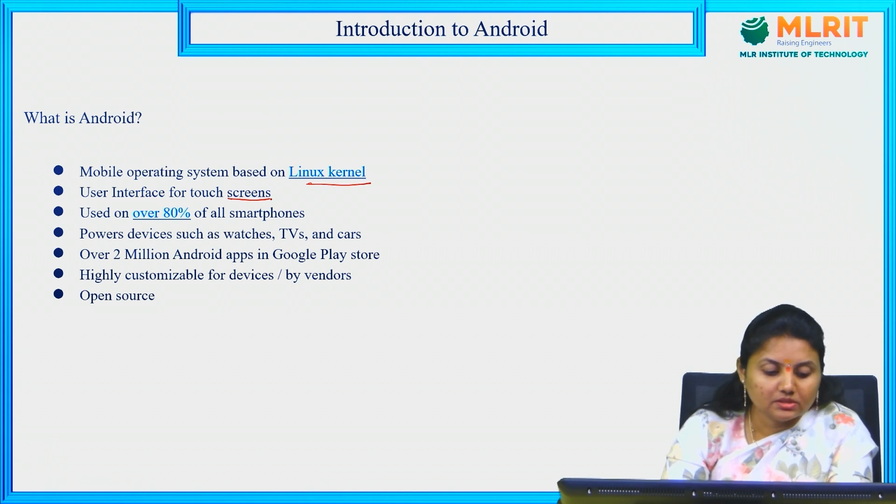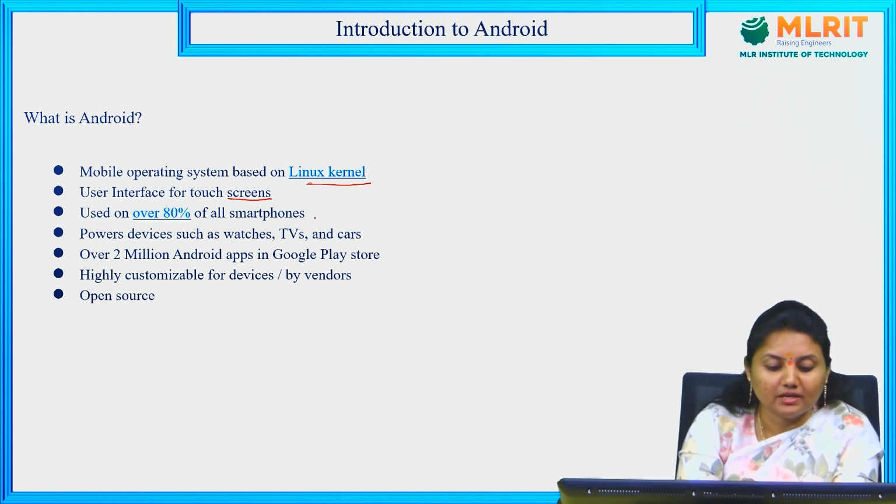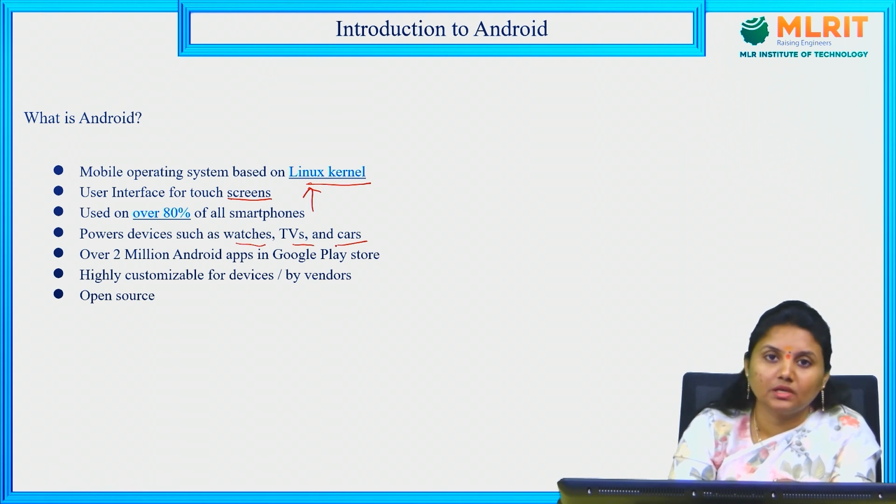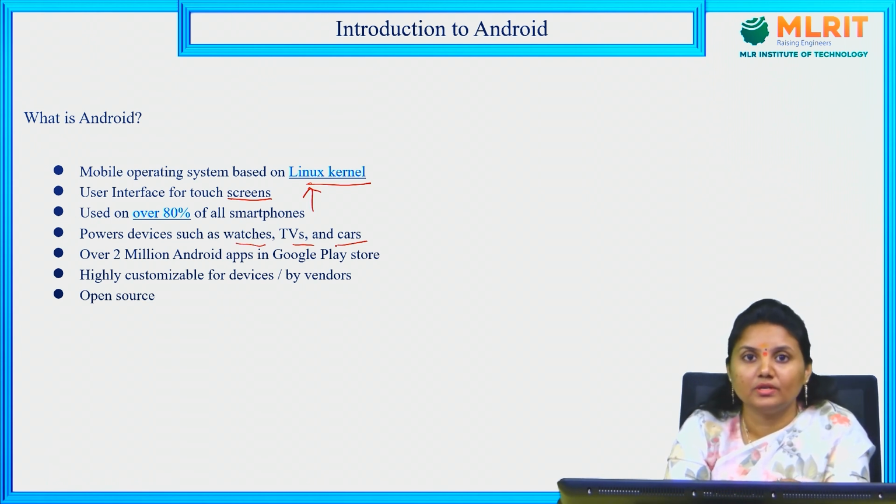All the smartphones were using this Linux kernel. And power devices such as watches, TVs and cars, we are now able to connect cars directly to some phones, and directly use the Android applications.